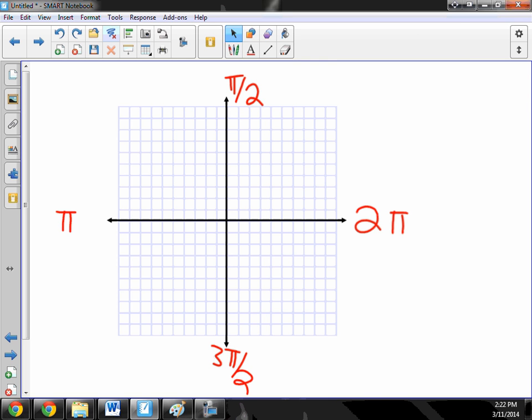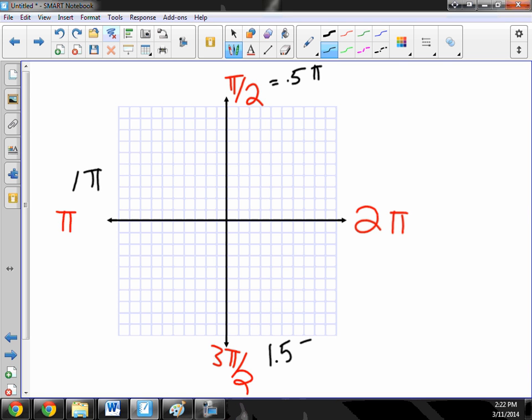And it's also good to use the decimals. So this is 0.5 pi, 1 pi, and 1.5 pi. Okay, so you just kind of have to remember that.